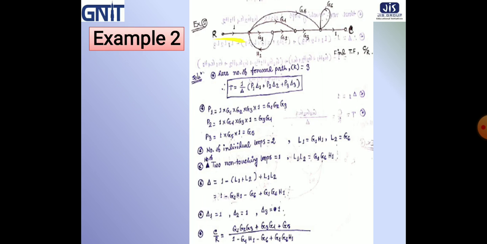And in the same way, if we want to calculate delta 3, we have to find the non-touching loops which are not connected with path 3. This is our path 3, and these two loops are again connected with path 3. So delta 3 will be 1. So if we put all these values in this equation, then we will get the transfer function, which is our desired transfer function.